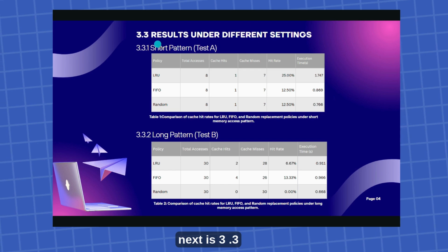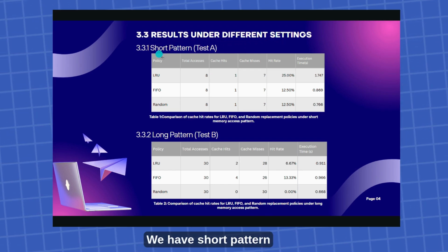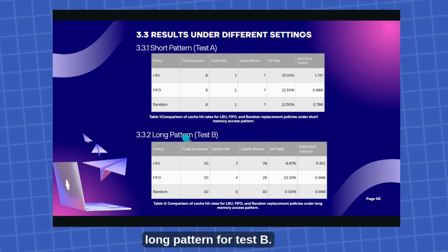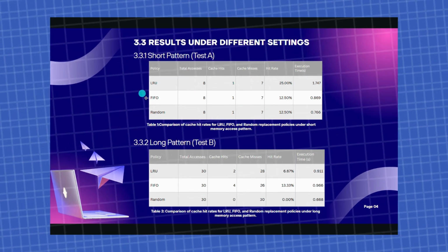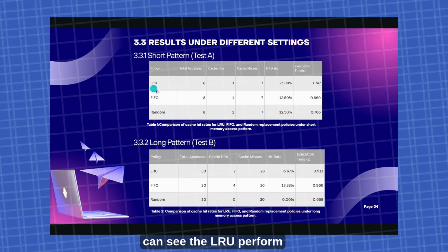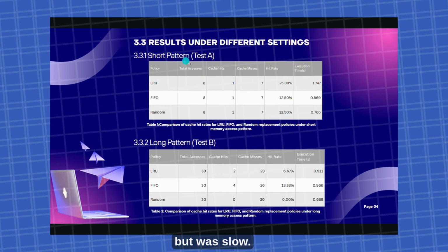Next are the results under different settings. We have a short pattern for test A and a long pattern for test B. Here is a table comparing the results for LRU, FIFO, and random. You can see that LRU performed well for the short pattern, but was slow, as the execution time is very high.